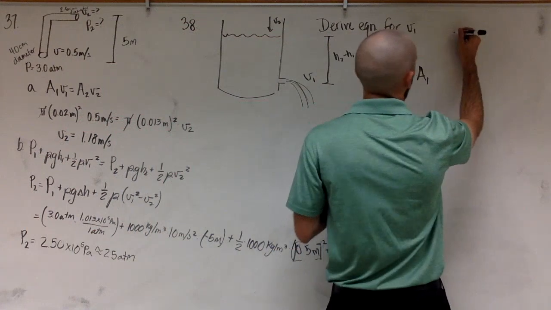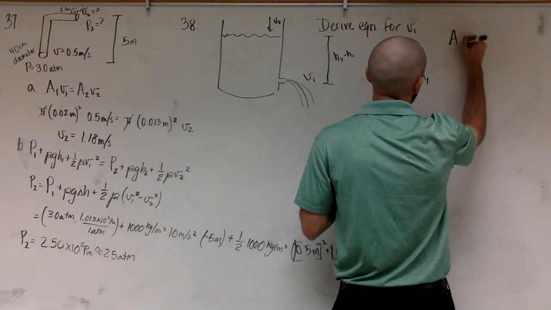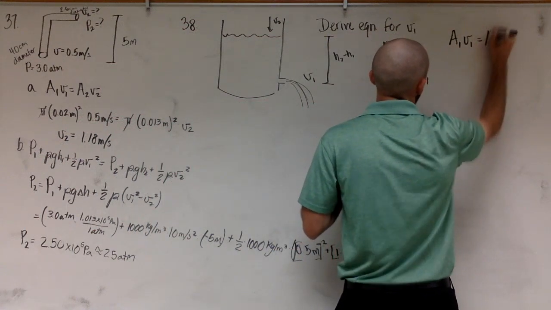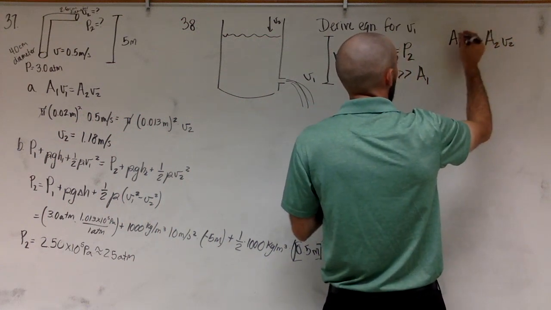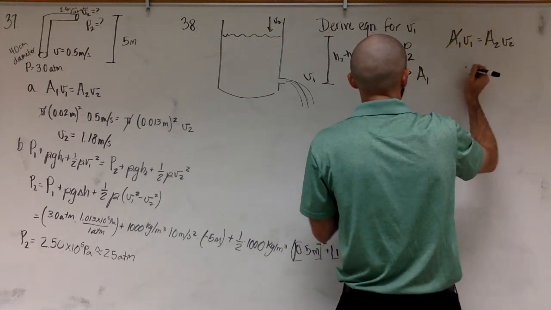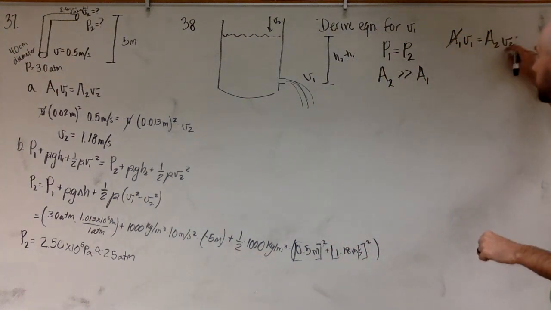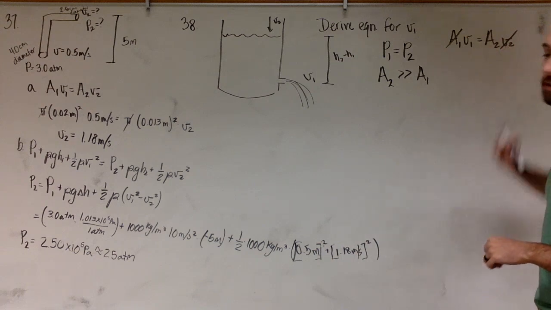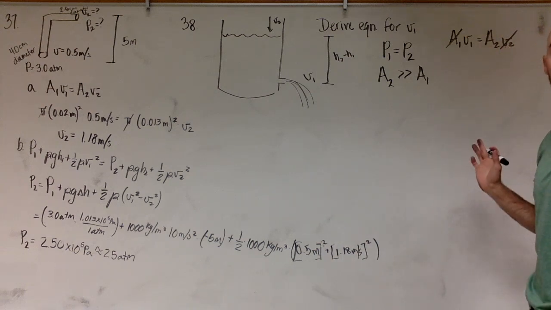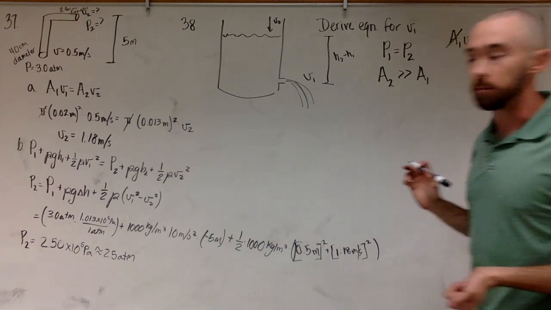Well, based on our equation of continuity, A1 V1 equals A2 V2, that means the velocity for the large area down at the bottom is basically 0. We don't have to worry about this velocity. V2 is going to be so small, we don't have to worry about it.